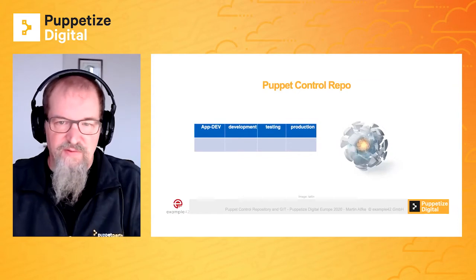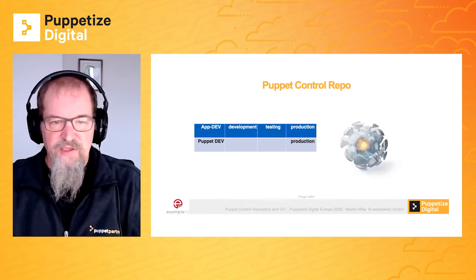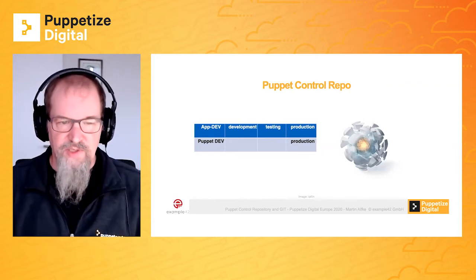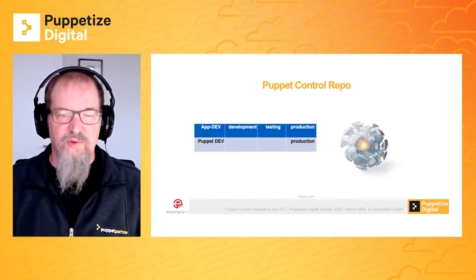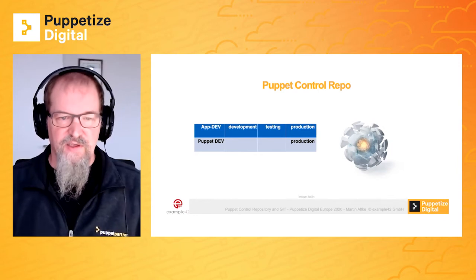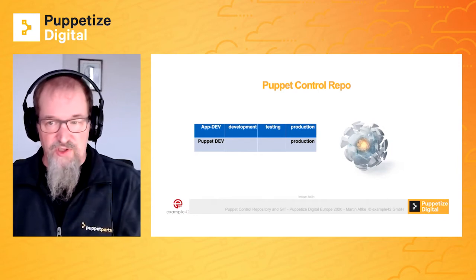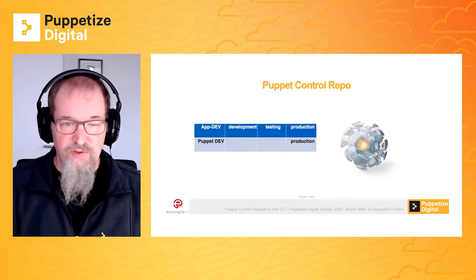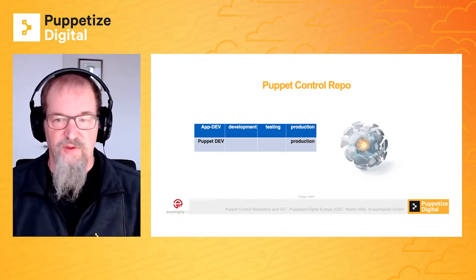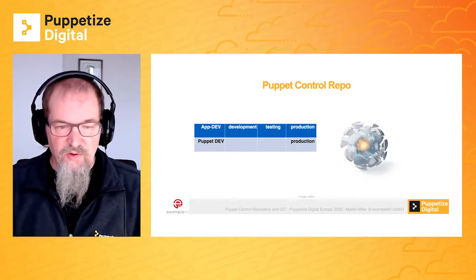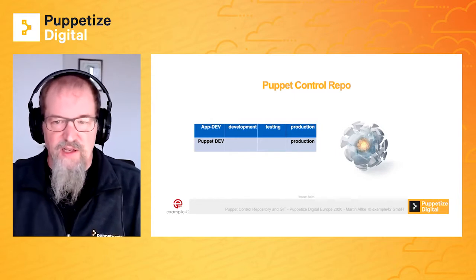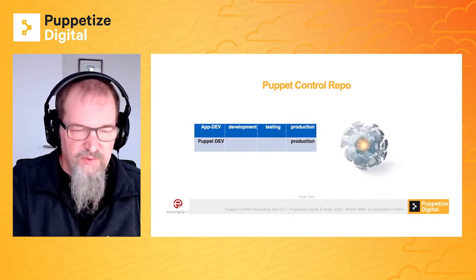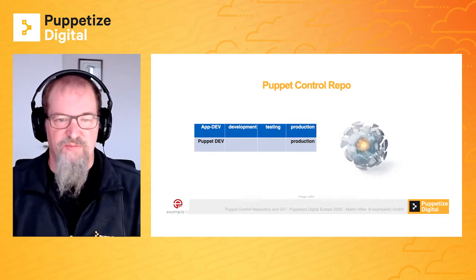But Puppet is different. Puppet is describing your infrastructure. So when you're developing something, you want to have the possibility of testing things. So for sure, in your production environment, you want to have all systems connected to your Puppet production environment. What happens now if you follow the principle of development and development branch, testing and testing branch?